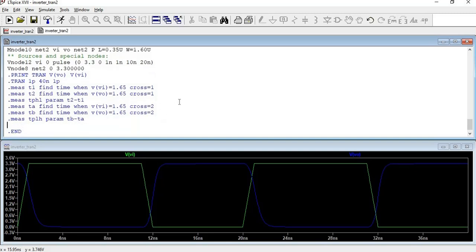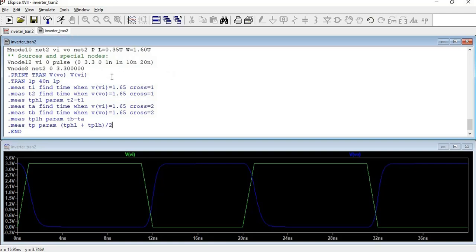Then eventually to solve for the propagation delay, .measure TP param TPHL plus TPLH divided by 2.